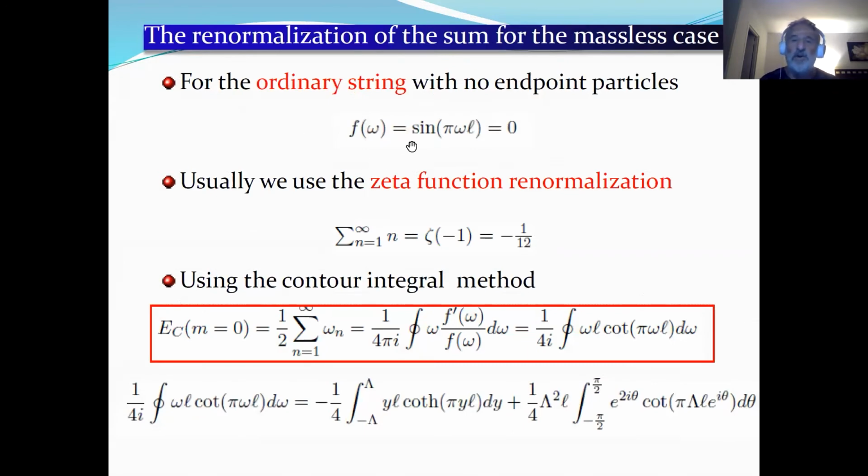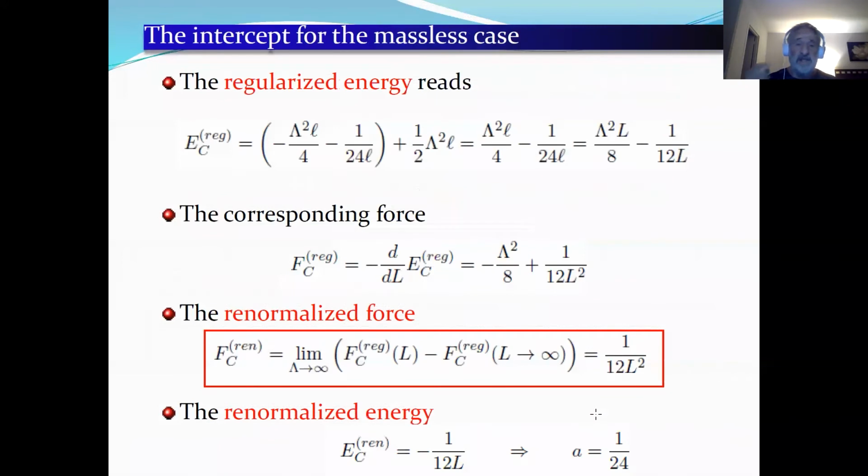For instance, for an ordinary string with no massive endpoint, f of omega is simply a sine, then it's indeed the sum over n, which is this result in zeta function. But if we do this contour integral, we'll have to do this integral on the imaginary part and this semicircle, and we get the result, of course, now divergent with this lambda, and we go and write down the force.